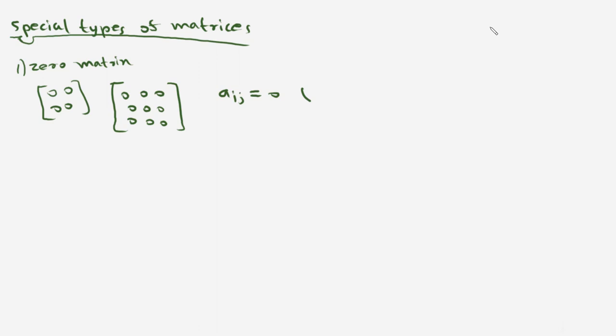So each and every element is 0 for all real values of i and j. If each and every element is 0, then such a matrix is a zero matrix. The second type is known as the square matrix.